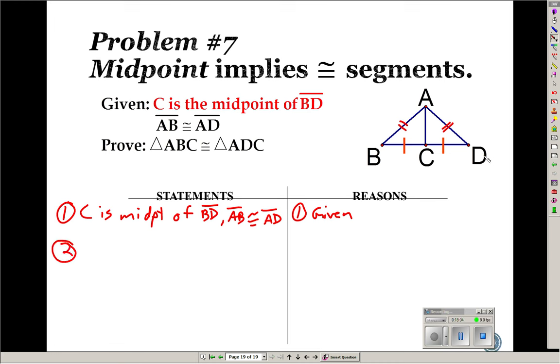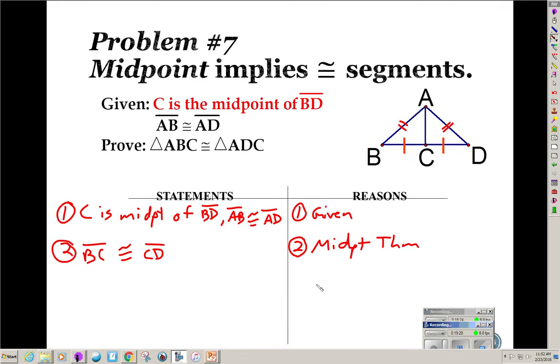I marked them in the picture, but you also have to write that in the proof. Segment BC is congruent to segment CD. It's because of the midpoint. And if you have a midpoint, then the two segment halves are congruent, and that is the midpoint theorem. The midpoint theorem says that the midpoint of a segment cuts a segment into two congruent halves.